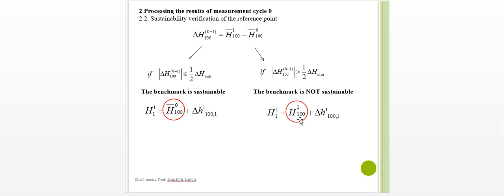In our case, this is cycle 1. So this is a very important moment. And again, you will continue with absolutely the same loop leveling line, but here the elevation differences and horizontal differences are from measurement cycle 1.